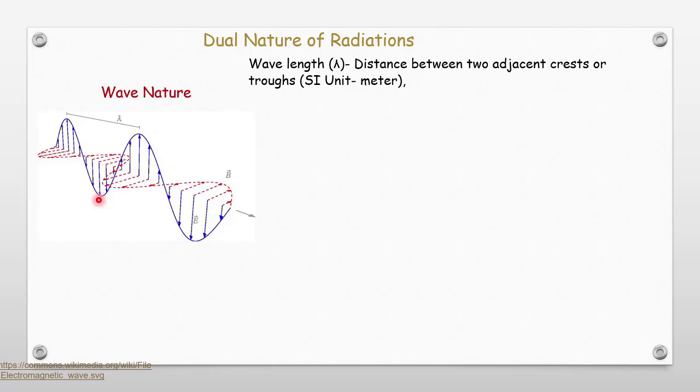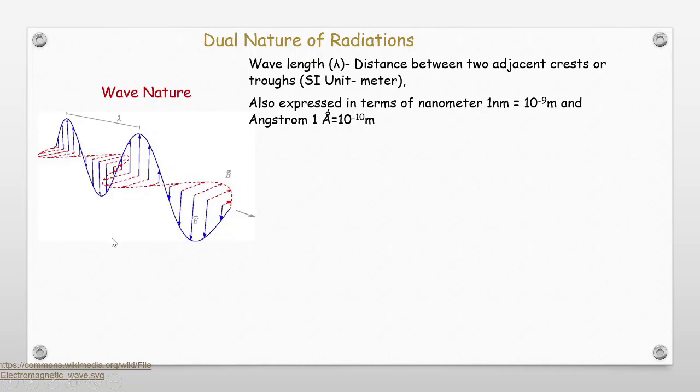This is a trough, this is another trough. The distance between these two is also lambda. The SI unit is meter. It is also expressed in terms of nanometers or Angstrom. 1 nanometer is 10 raised to minus 9 meters and 1 Angstrom is 10 raised to minus 10 meters.